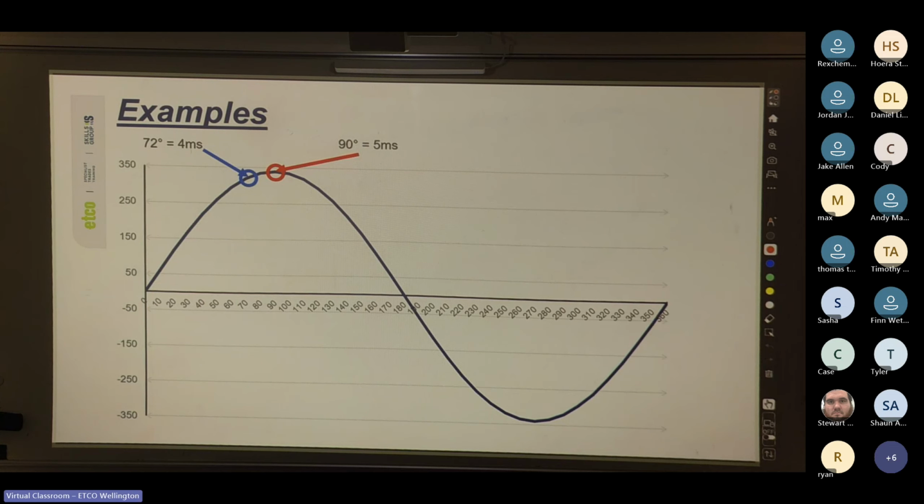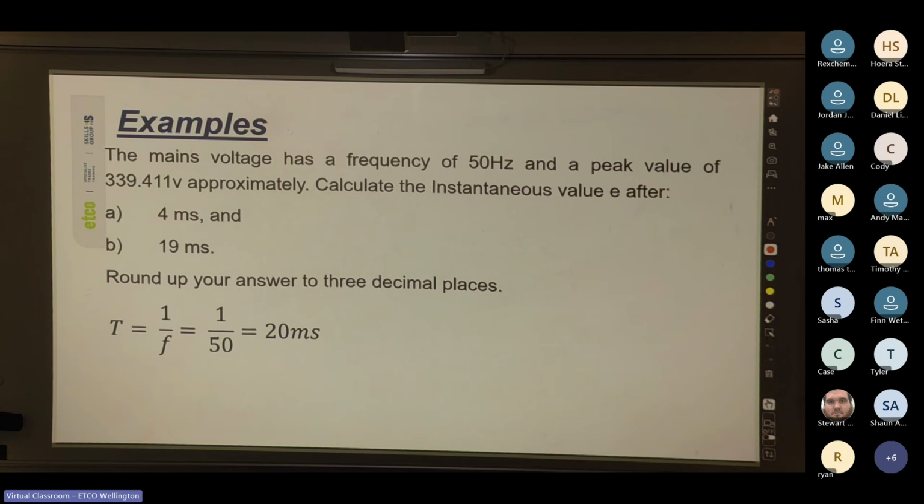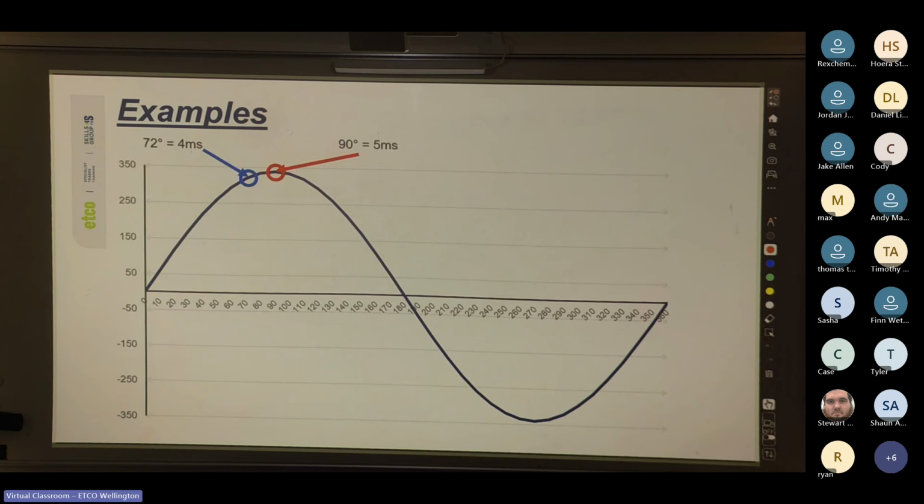So because we know now, I can figure out what 1 millisecond is. What would be the angle of 19 milliseconds? That was the other part of the question, was 19 milliseconds. Do you guys agree?